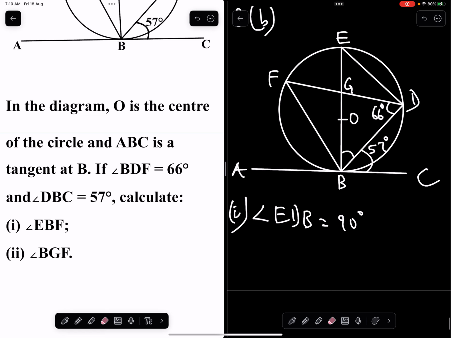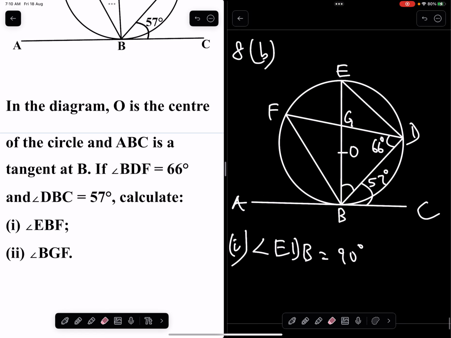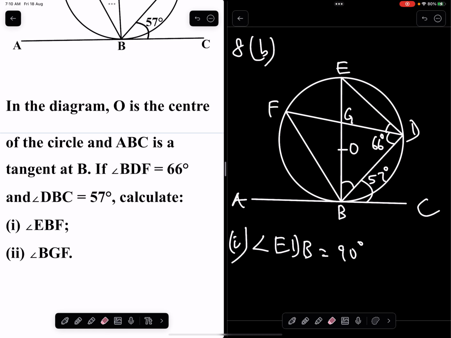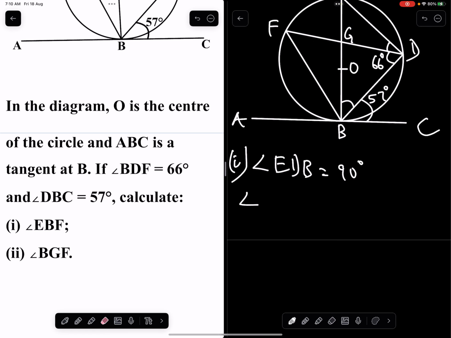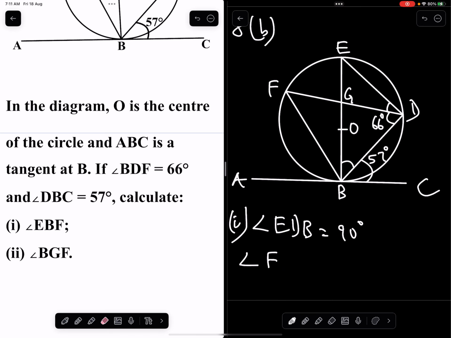Now, if EDB is 90 degrees, and we know that this angle is 66 degrees, that means this small angle is 90 minus 66 degrees. The whole of it is 90, and that small angle is angle EDF. Angle EDF equals 90 minus 66, which is equal to 24 degrees.